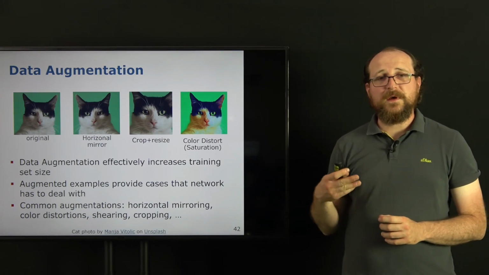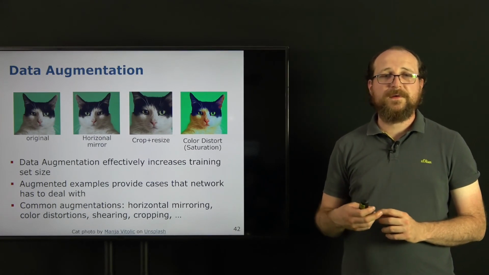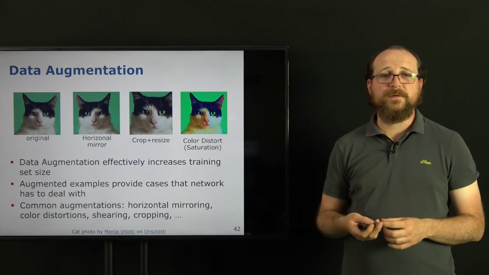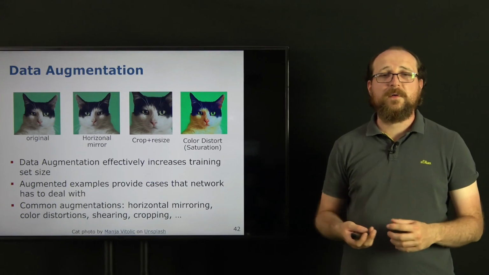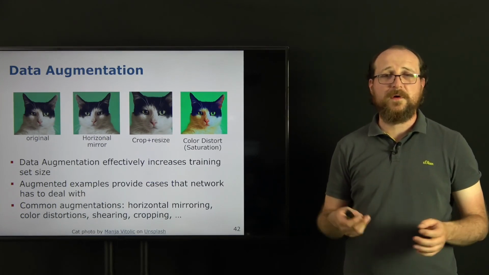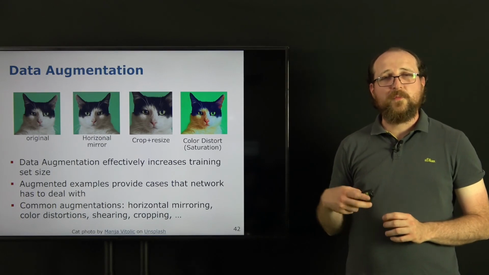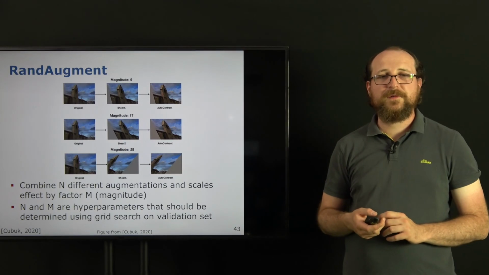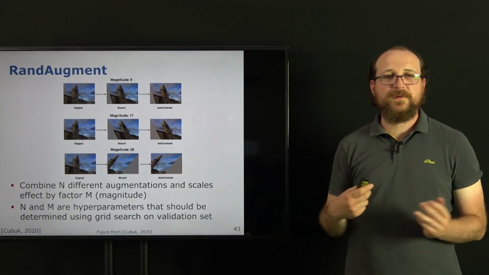And so the augmentation provides additional cases that the neural network has to deal with. As I said, common augmentations are the mirroring, the color distortion, but also shearing and cropping. And to push this a little bit further, the so-called RandAugment was proposed, which is a combination of different augmentations.